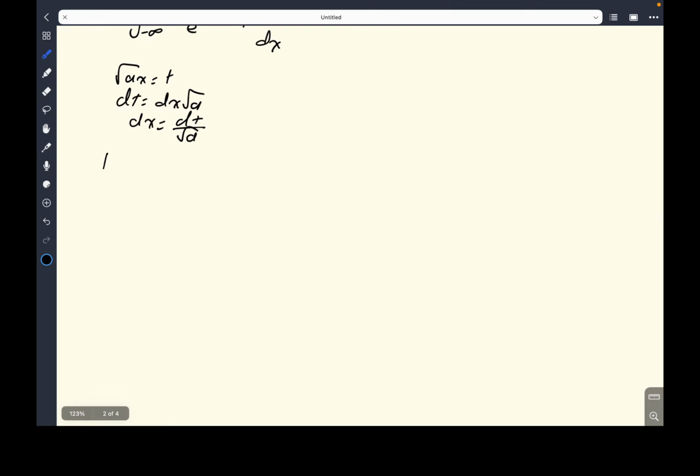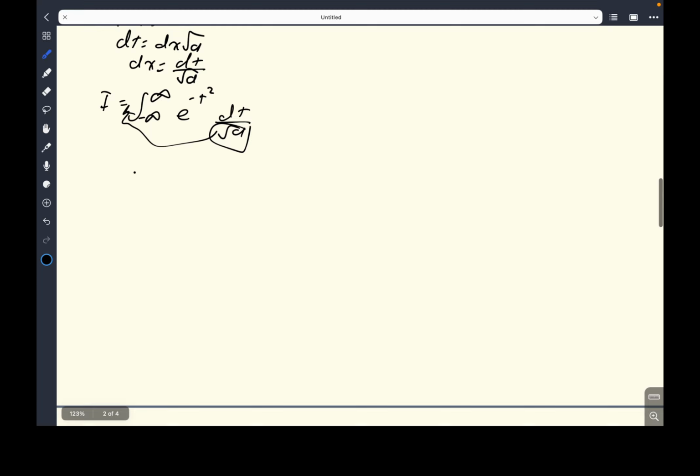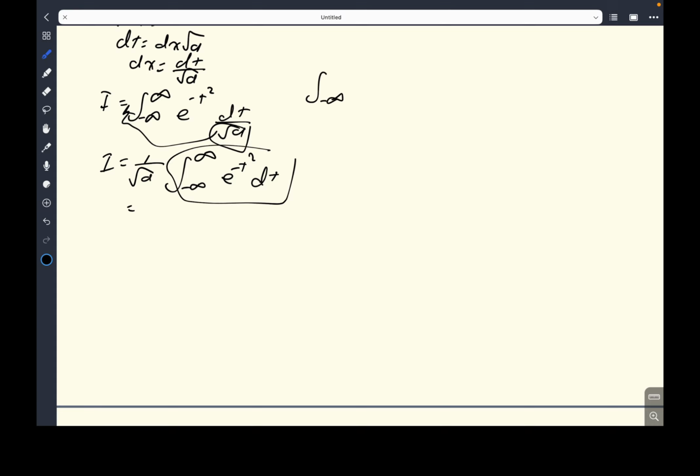If I do this substitution in my Gaussian integral, it's e to the negative t squared dt over root a. This is a constant in our integration, thus it can be factored out. So it's the integral from negative infinity to infinity of e to the negative t squared dt, which is the Gaussian integral and has the value of root pi exactly. Thus I can write this as root pi over root a.